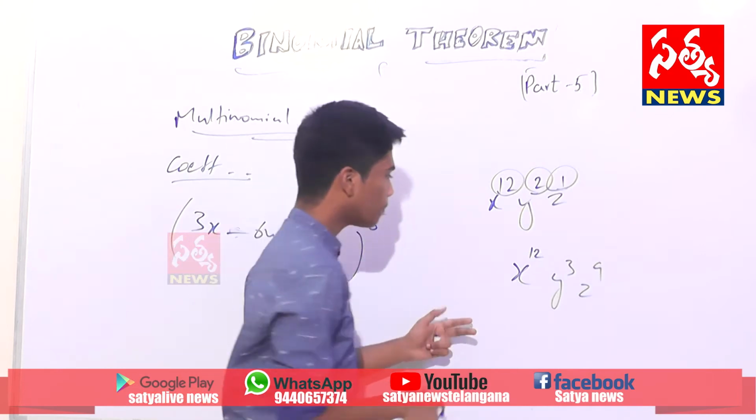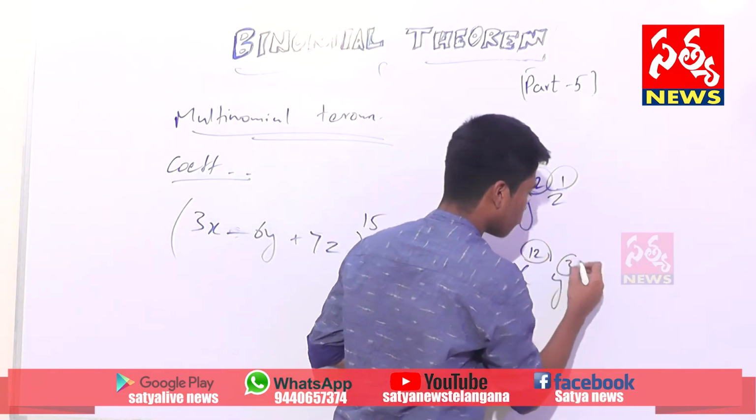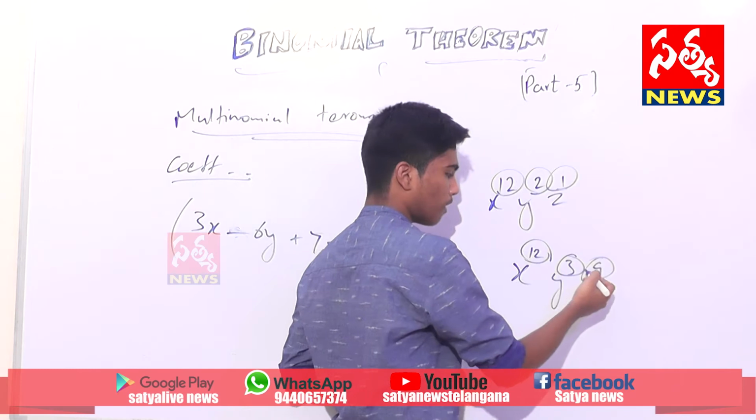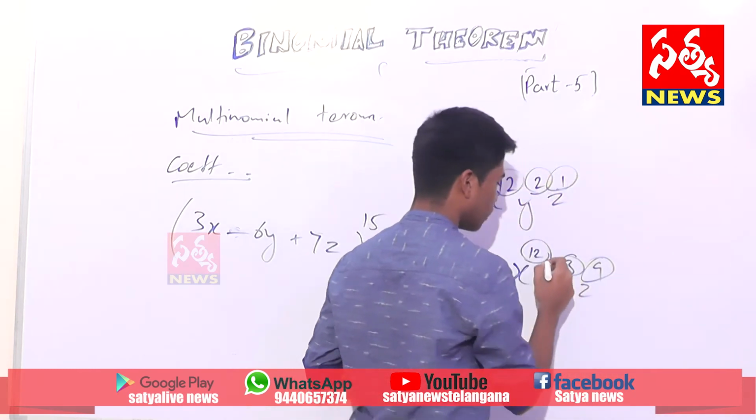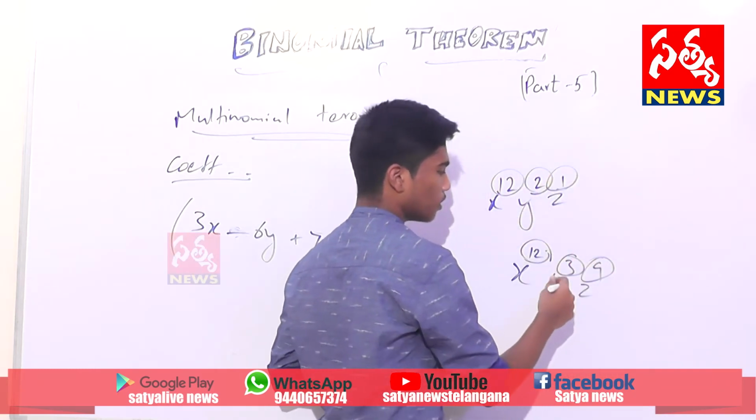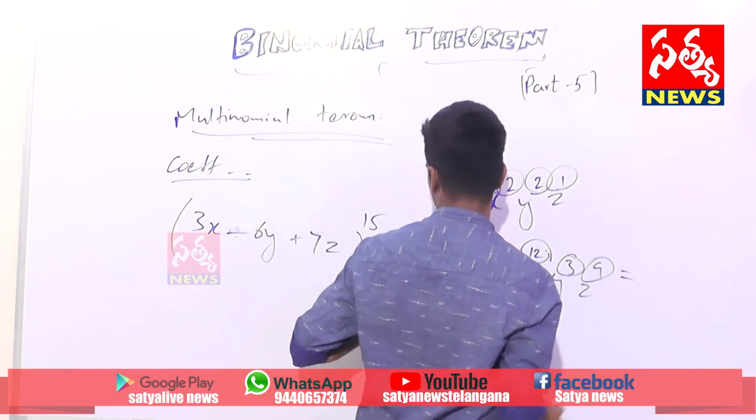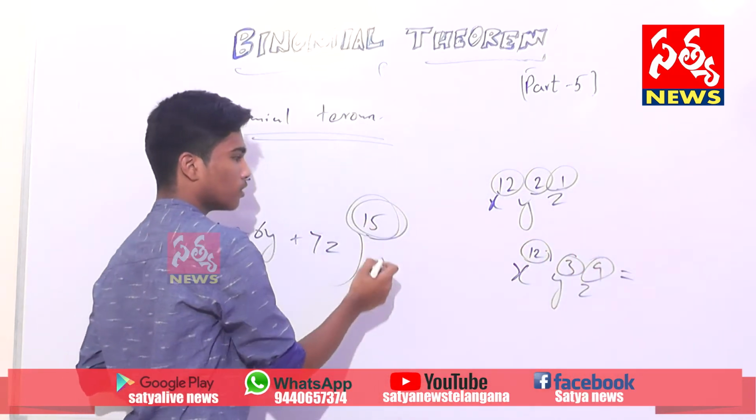Observe here carefully. First of all, check that the sum of the powers, 12 plus 3 plus 9, must be equal to the power.